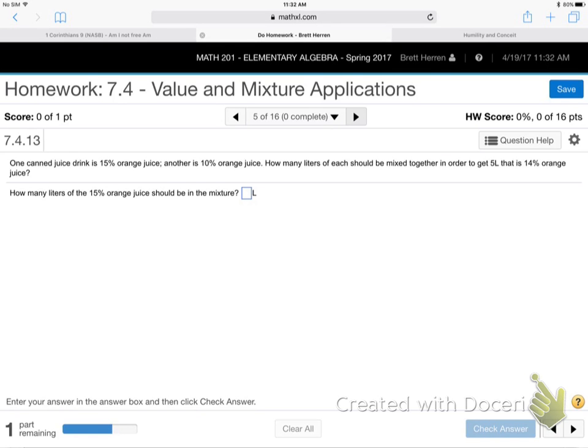Yeah, and you do 4 liters. You gotta multiply these two. It's triple. So 10x plus 15y equals what? 70.